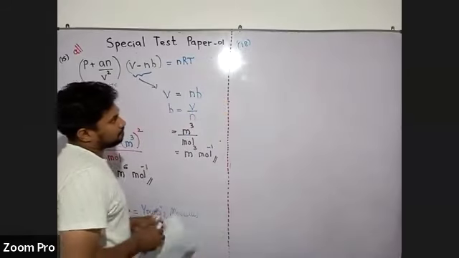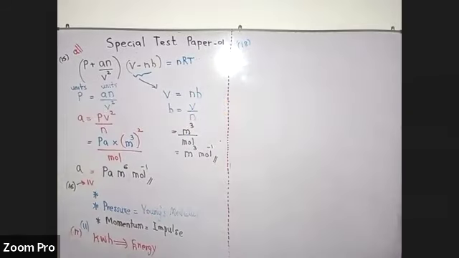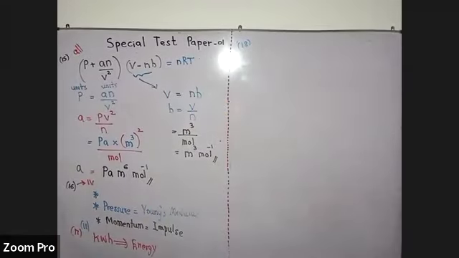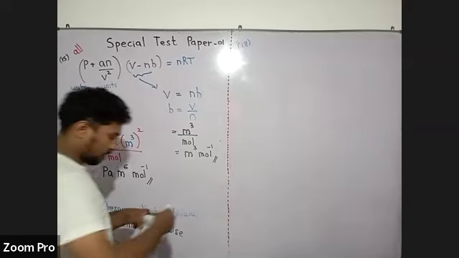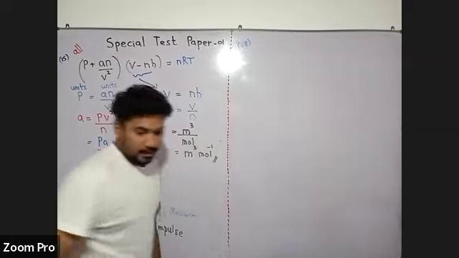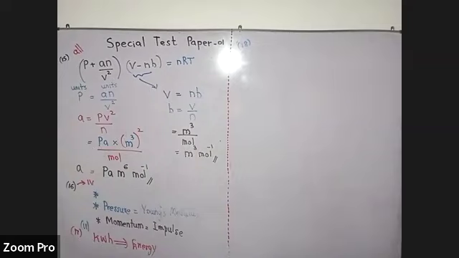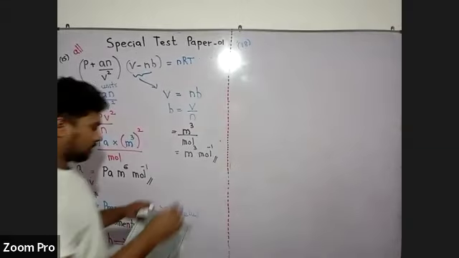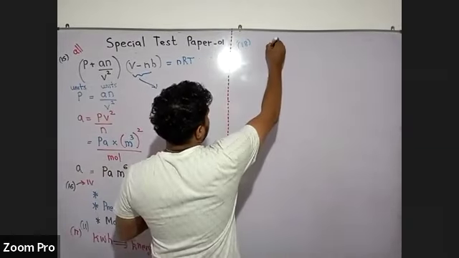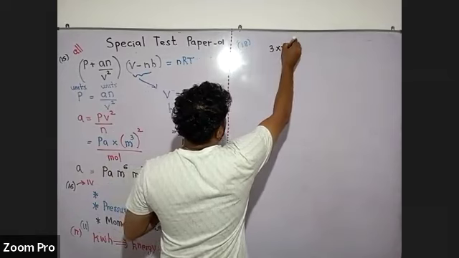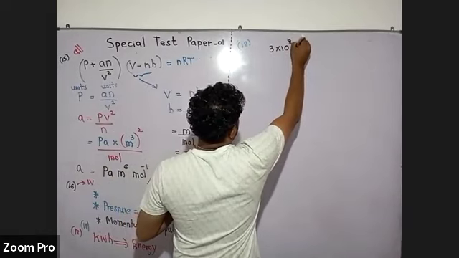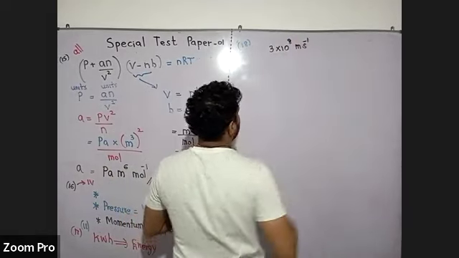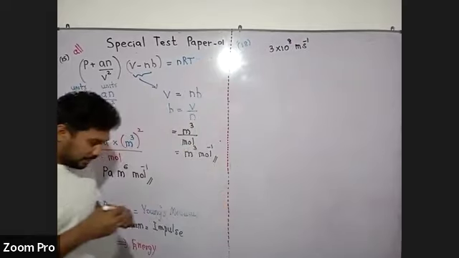Now, guys, as I told you previously, the value of the speed of light is given in the question, that is 3 into 10 to the power 8 m s to the power minus 1. What does that mean?